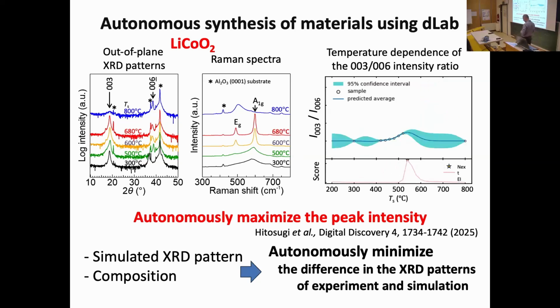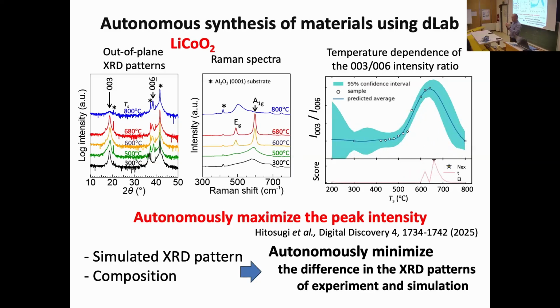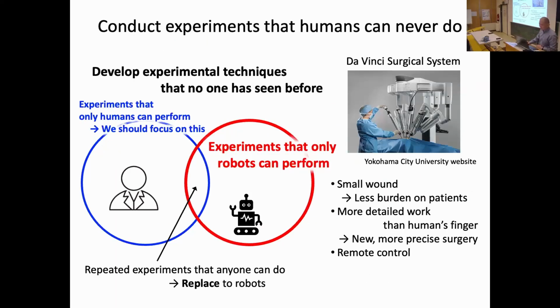So I asked the theorists to send the structure file, and then we can convert it to the X-ray diffraction pattern. And then the composition, like ABO or O3, and the system would autonomously fabricate your sample and then measure the properties. So that became possible.